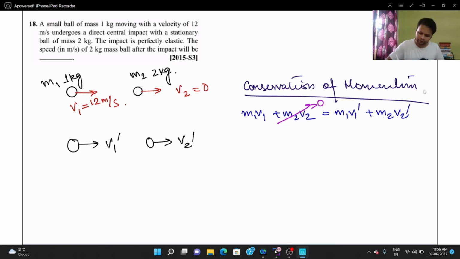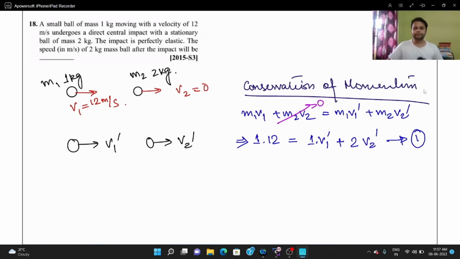So m1 v1, let me substitute the mass 1 and v1 is 12, is equal to m1 is 1, v1 dash is not given, m2 is 2, v2 dash is not given. Let me say this is equation number 1.